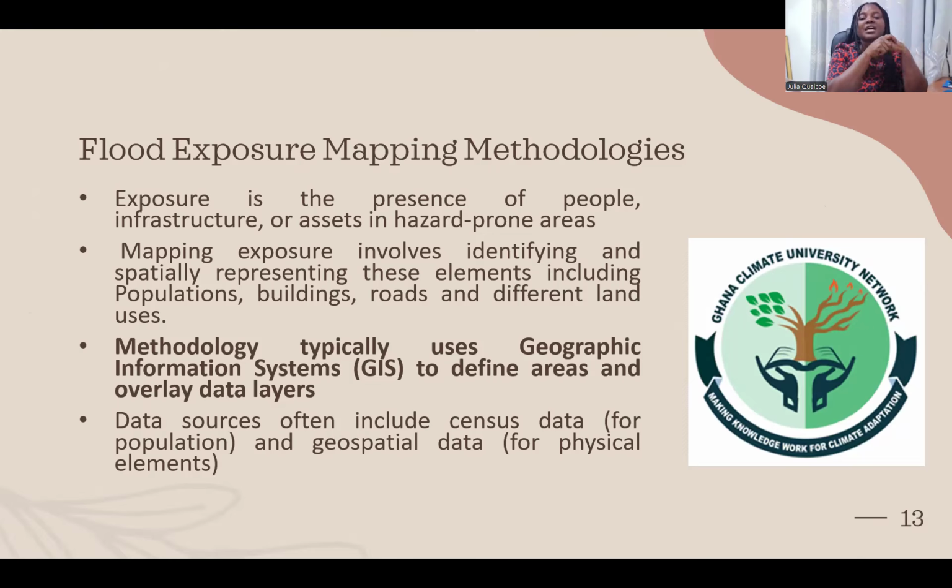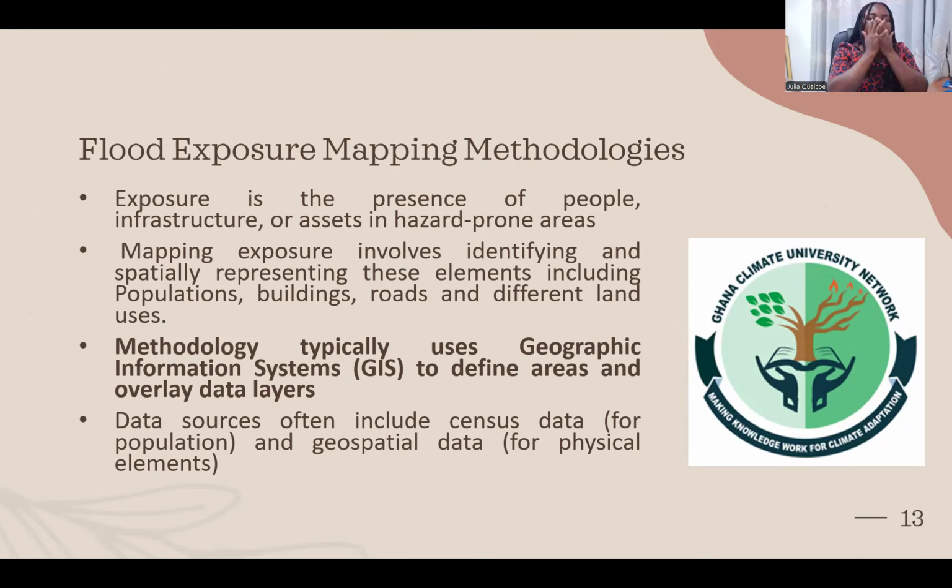So in exposure, you only try to come up with a map of that particular area and show where all these elements are located. And you realize that some elements are closer to the hazard, others are far away from the hazard.